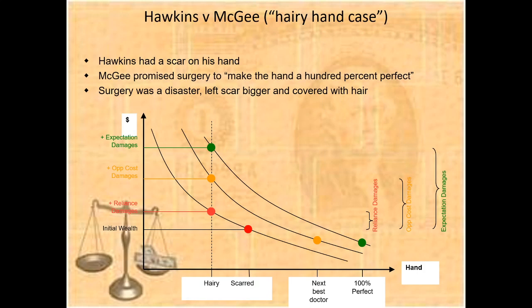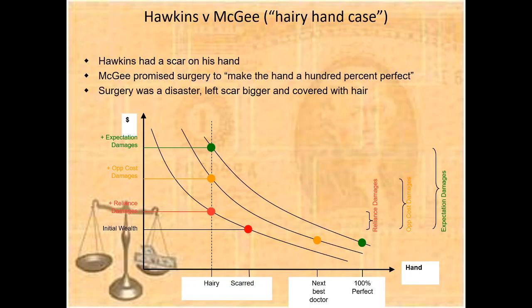So this is how you can immediately draw an economic analysis in a two-dimensional vector space. On the x-axis you have different things like hairy, scarred, next best doctor, 100% perfect kind of situation. So you have different ordering. At the same time, the different kinds of wealth minimization or maximization are plotted on the y-axis.